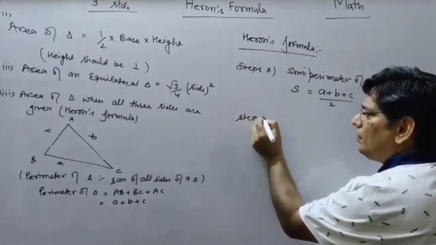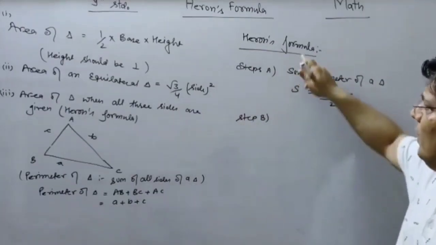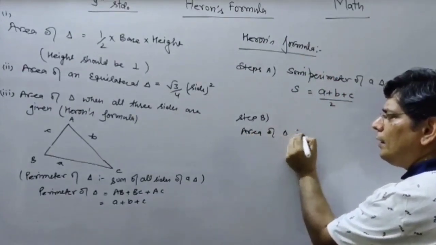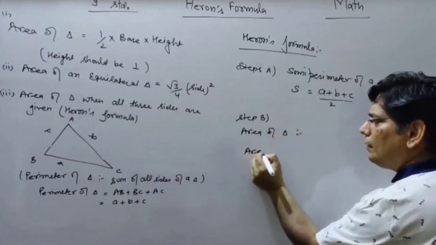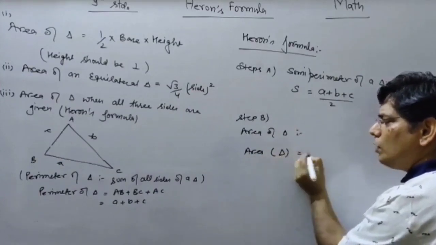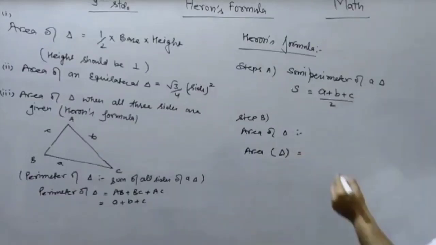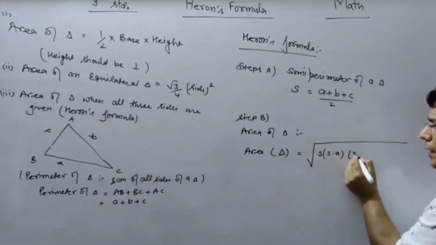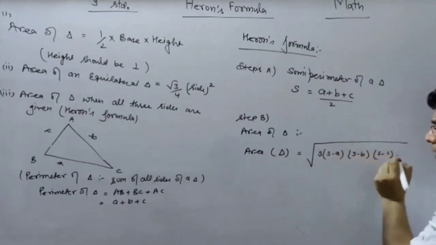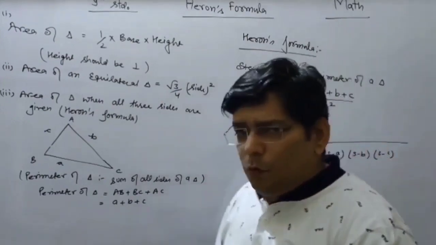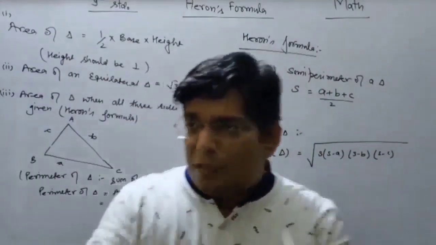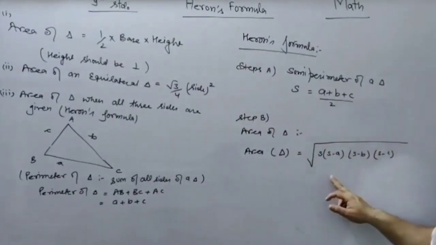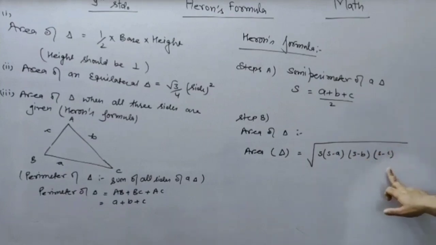Now step second: when you get the semi-perimeter, then the area of the triangle, or delta we can use also, is the square root of S into S minus a, S minus b and S minus c. That means we have to use this specific formula, the square root of S into S minus a, S minus b and S minus c.